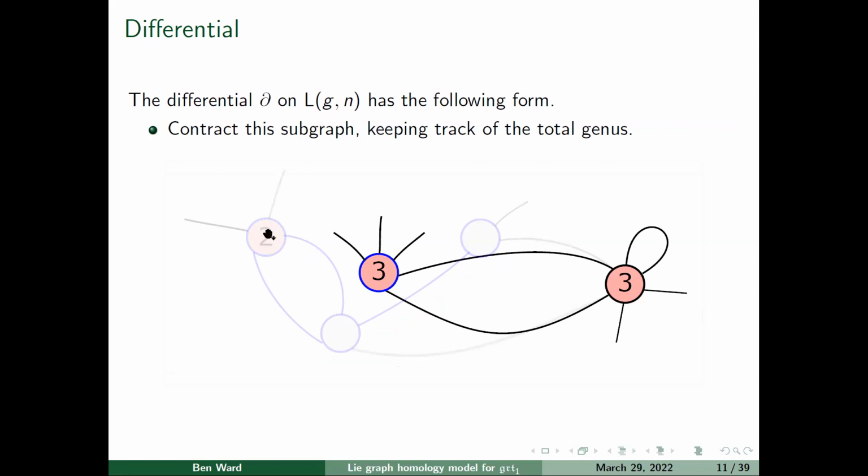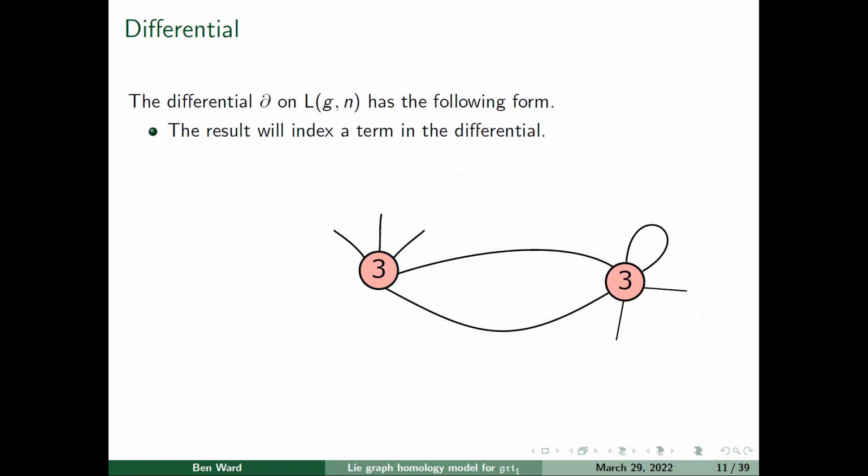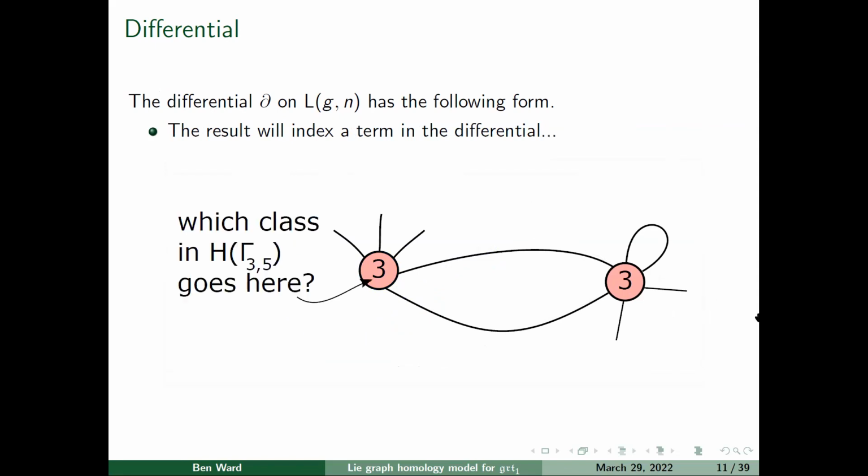So here we had genus 2, but then we also contracted a graph whose Betti number was 1, so it's 3. So this should index a term in the differential, or I would like it to, but there's some missing information here, which is that these red vertices all have to carry homology classes. So I'd have to tell you what homology class goes here.